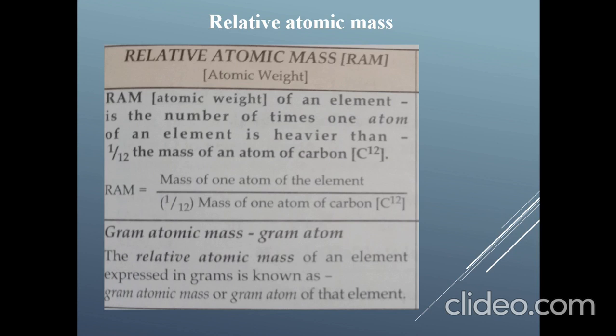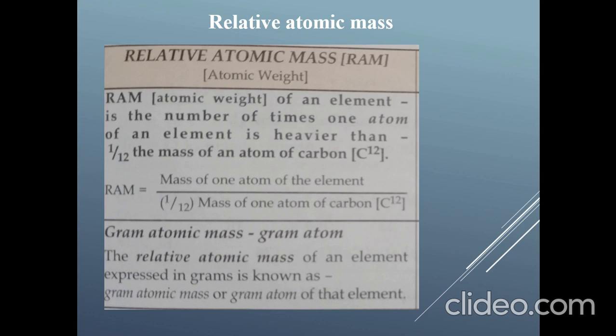Now here we are going to study relative atomic mass. It is the number of times one atom of an element is heavier than 1/12 of the mass of carbon. As I have already told you, carbon is taken as a standard. So relative atomic mass is nothing but atomic weight.